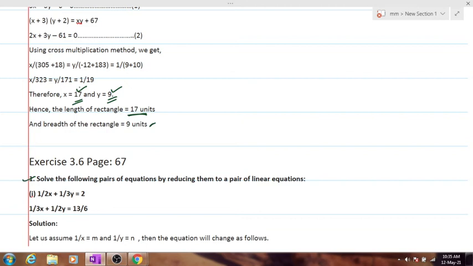So there is one basic way of doing this numerical. Kindly pay very careful attention to what I am doing. Here you have to assume 1 by x as u and 1 by y as v. We'll let 1 by x be u and 1 by y be v.